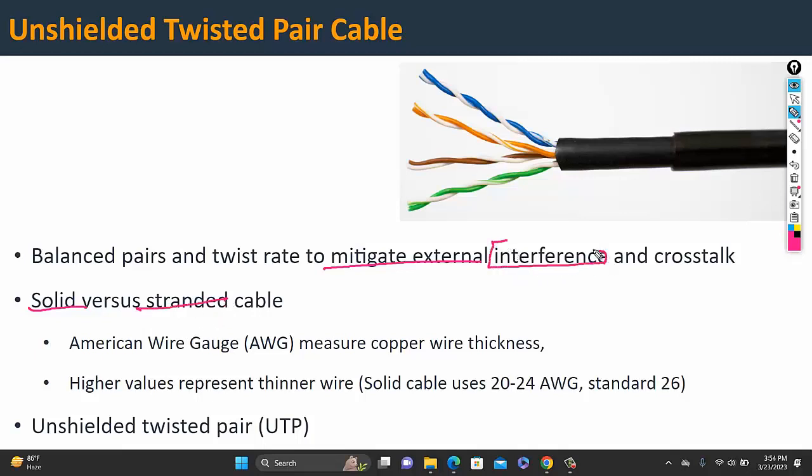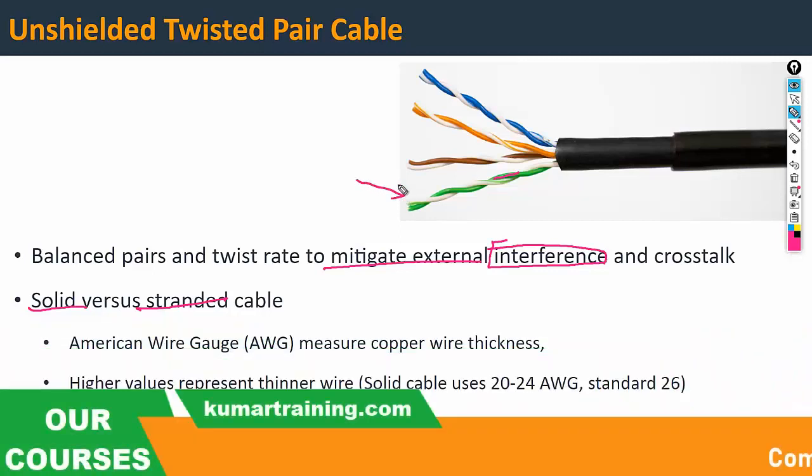Interference means if the data is traveling in a wire in electric format, it will generate an electromagnetic field, which is actually affected by different factors.